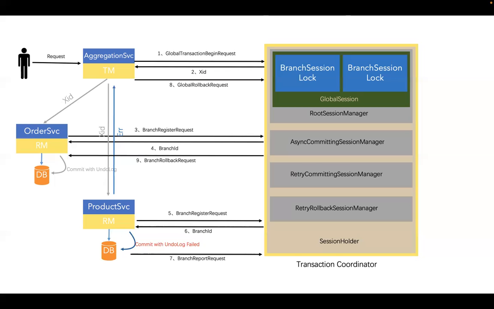The transaction coordinator will find all the branch transactions that were successfully committed before, and it will send the branch rollback request to them. For example, in this scenario, it will send the branch rollback request to the order service, and the order service will roll back the transaction with the undo log to recover the data status to the original status.